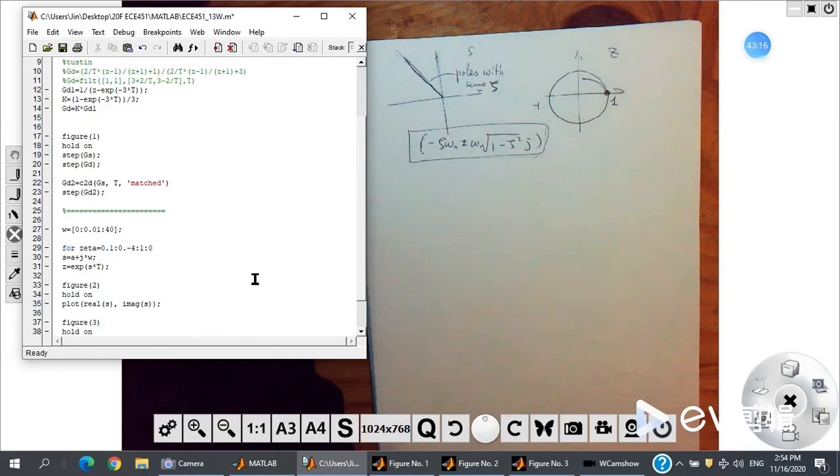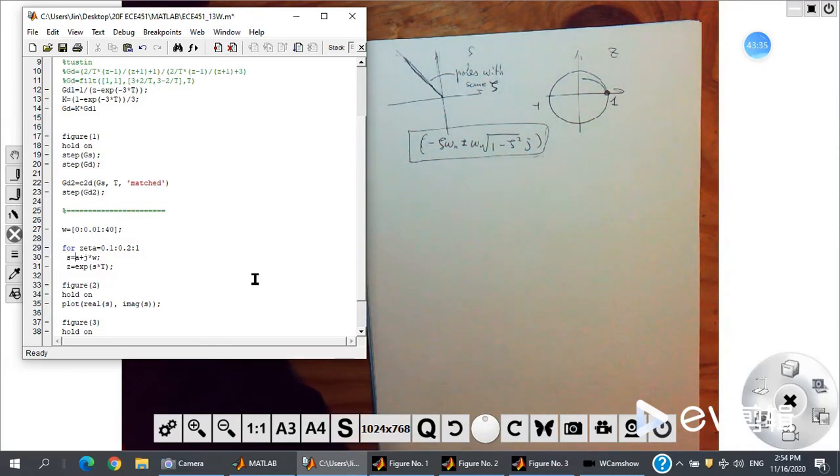Step 0.2, okay, from 0 to 1, and I have several values of zeta. For every zeta, I have S.